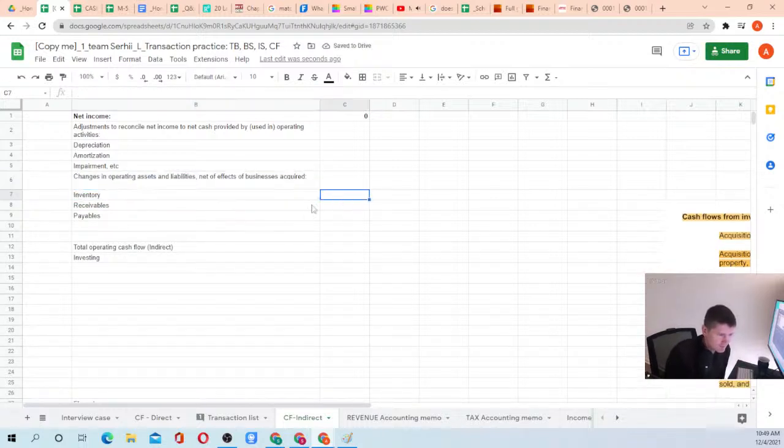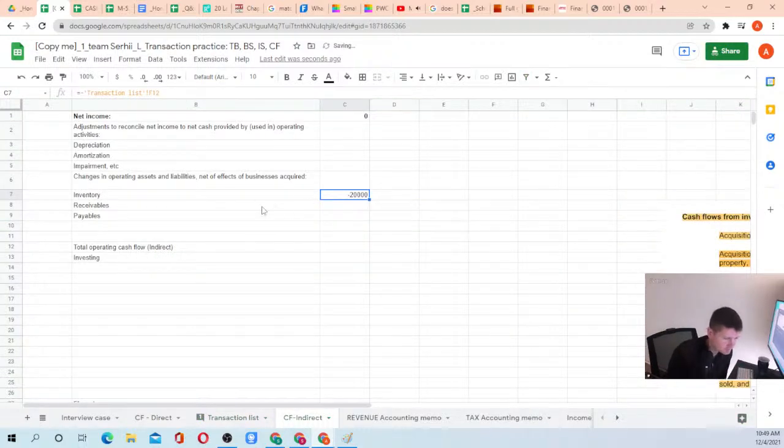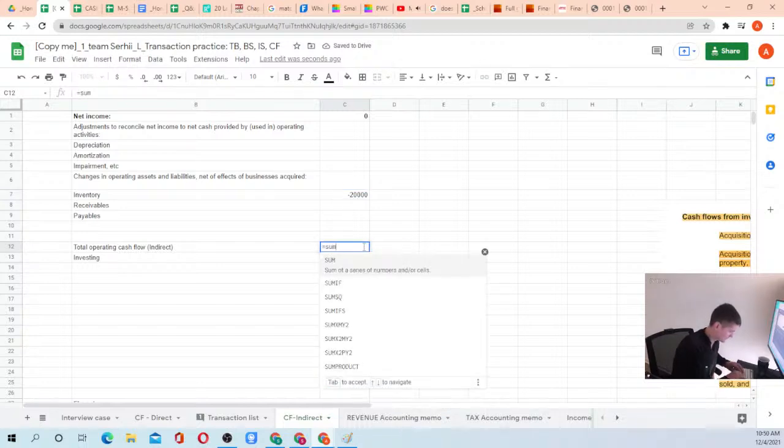Inventory. So our inventory increased, and that's usually a cash outflow. So that would be a minus. Total operating cash flow.